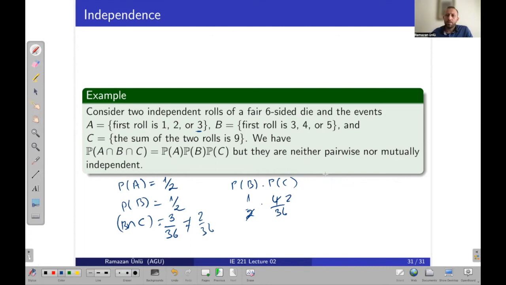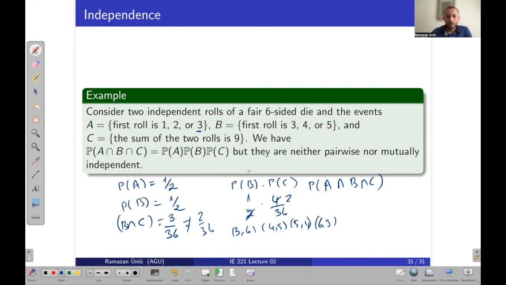Okay, let's check the last condition, which is the probability of A intersect B intersect C. Let me rewrite the event C, which is (3,6), (4,5), (5,4), and (6,3), right?